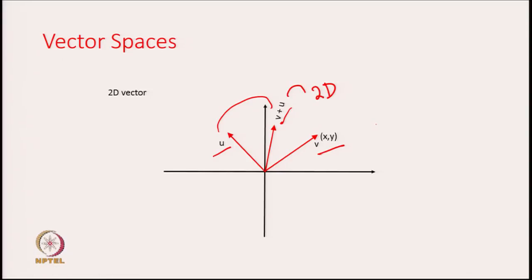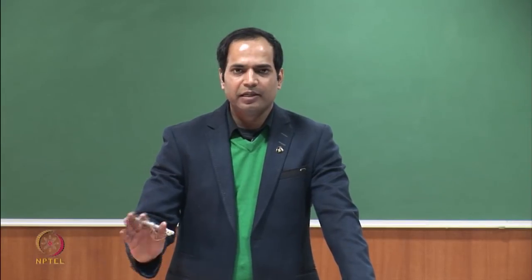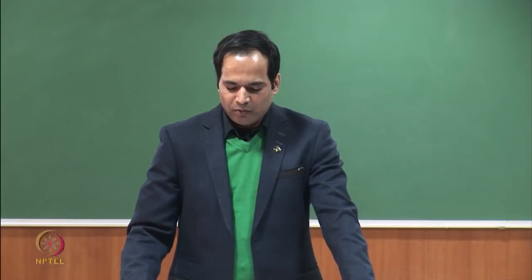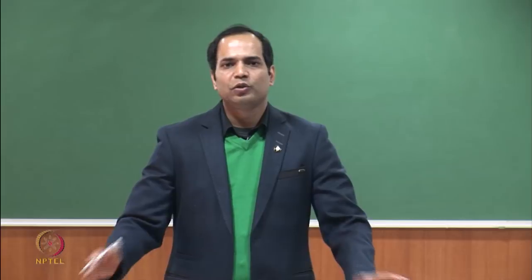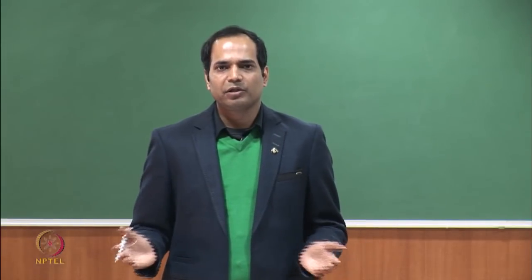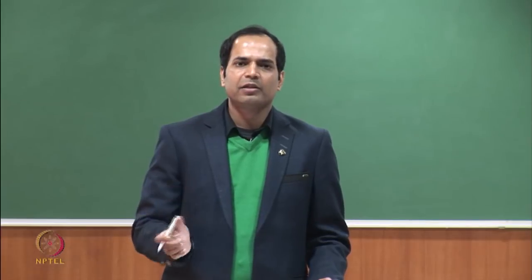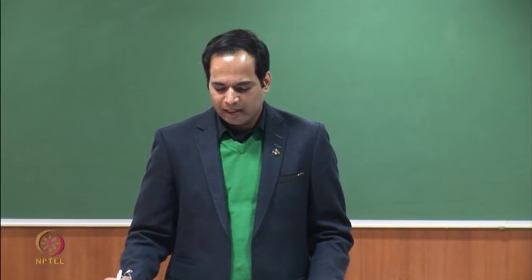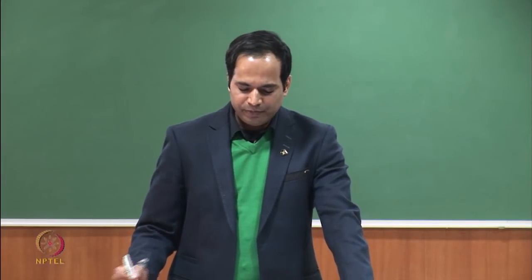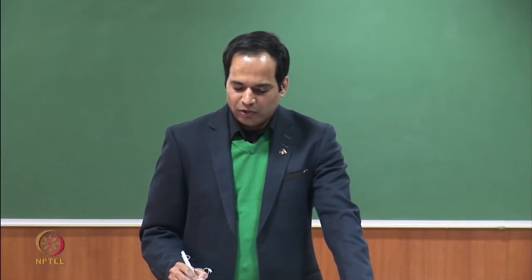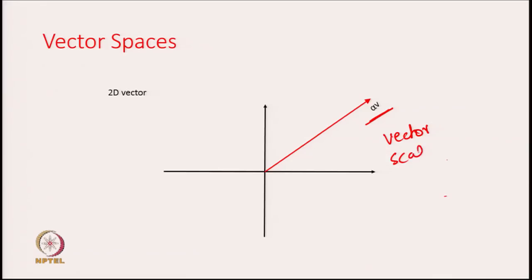What I can also do is take a vector and multiply it with a scalar to change the length of my vector. This is known as a scaling operation. So, vector scaling is allowed and vector addition is also allowed.